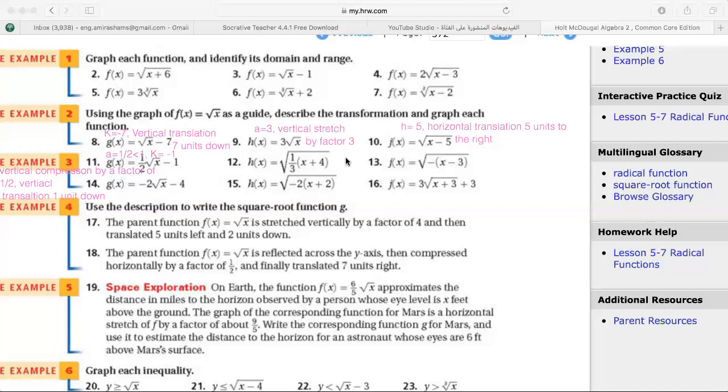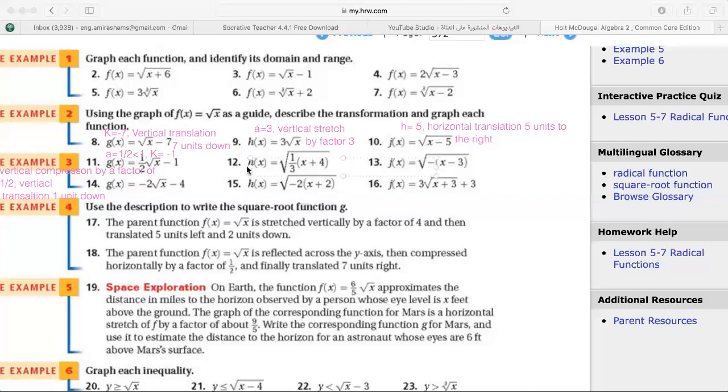The factor will decide whether it is horizontal stretch or compression. The reciprocal of 1 over 3 is 3. So b is 3, the number that is multiplied by x. When b is 3, it is a stretch. So I will say horizontal stretch by a factor of 3.